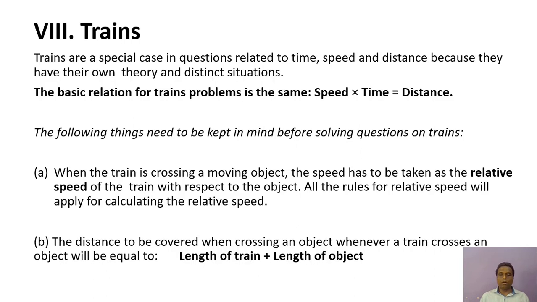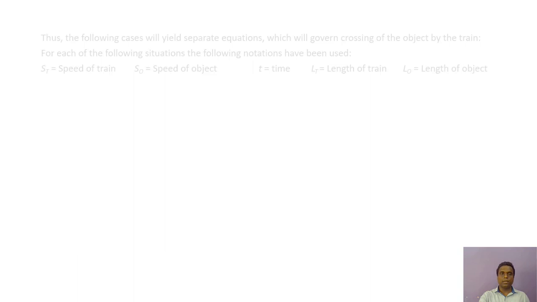If the object is a car or a truck, then we have to add its length to the length of train for finding the distance to be covered for crossing. These were the two basic things to be kept in mind while solving questions on trains.